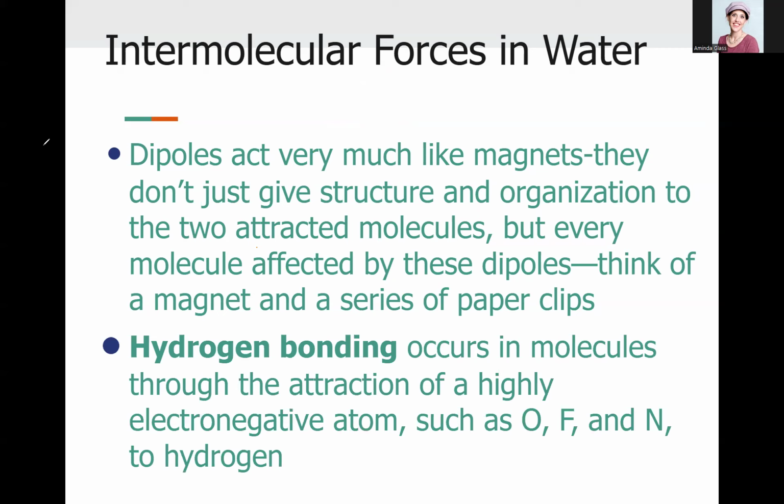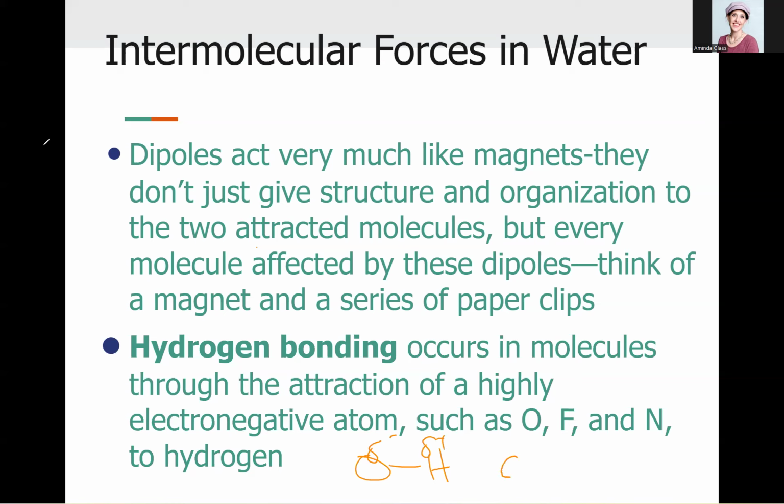That hydrogen bonding, as we talked about when we were talking about polarity and molecular geometry, occurs in molecules through the attraction of a highly electronegative atom like oxygen, fluorine, and nitrogen to hydrogen. So if you have oxygen bonded to a hydrogen, you're going to have that dipole.